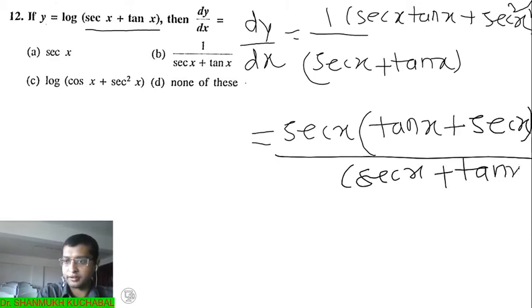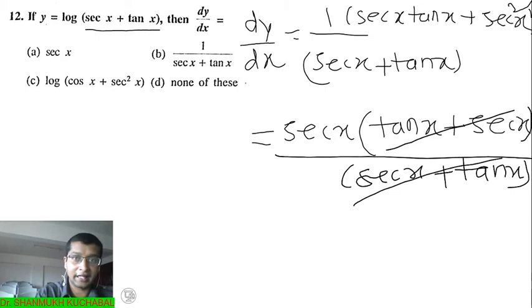Further, from the numerator and denominator, tan x plus sec x cancels, so we get the solution as sec x. Therefore option A is the right answer.